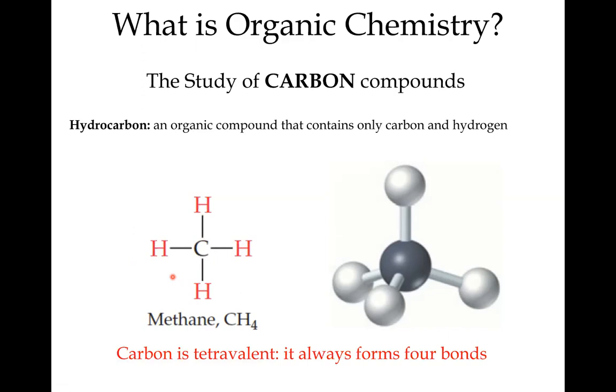And that is why carbon is the element that makes up all living things, because it has these 4 bonds. It makes it more versatile, right? Compared to something that can only bond with 3 things or 2 things. The more bonds it can have, the more versatile it can be.